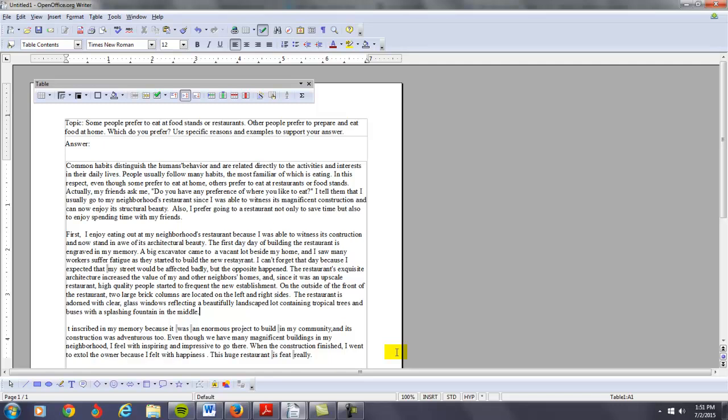So all I'm trying to do here is I'm trying to support this statement. You're saying how you like the architecture, you like the construction, but you didn't really describe that at all. So this is kind of difficult. If you don't like doing what I'm doing right now and using all this description, then change the topic to another idea, because it requires a lot of specific vocabulary to be able to do this.